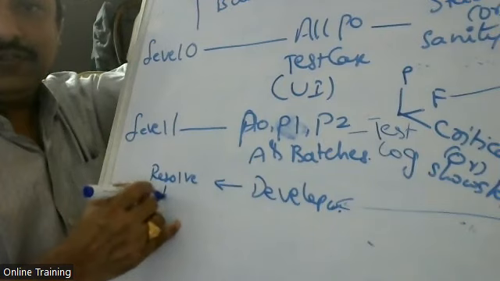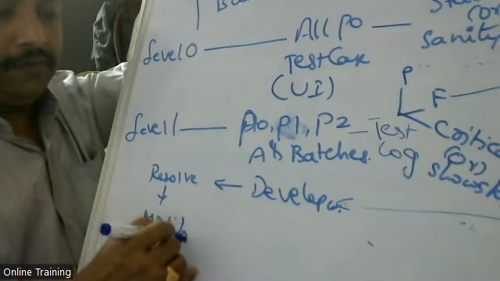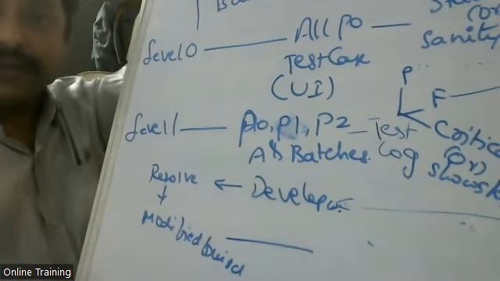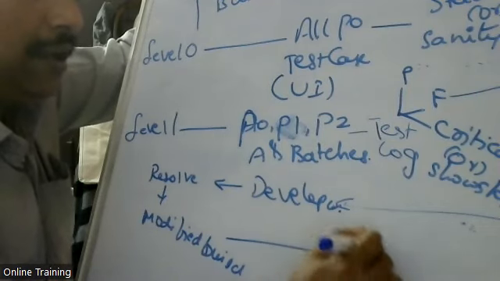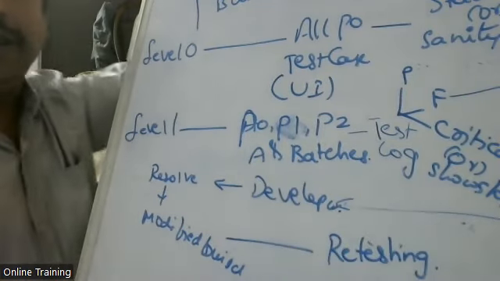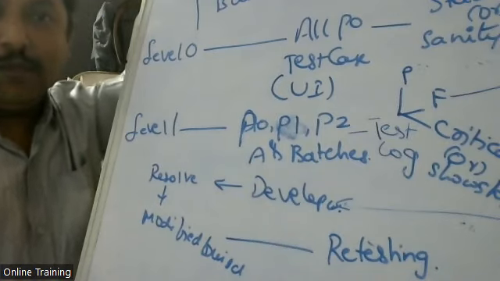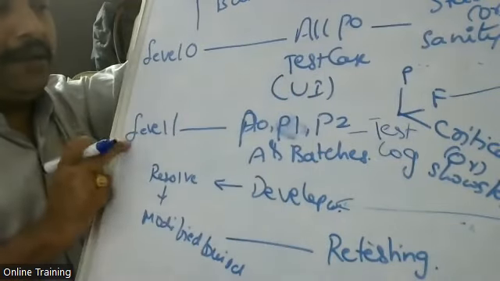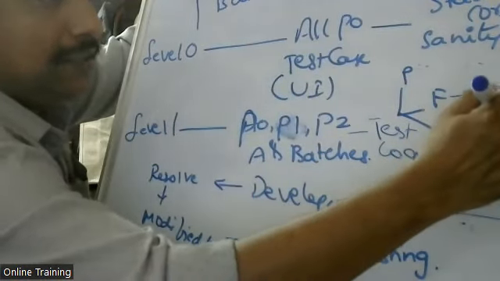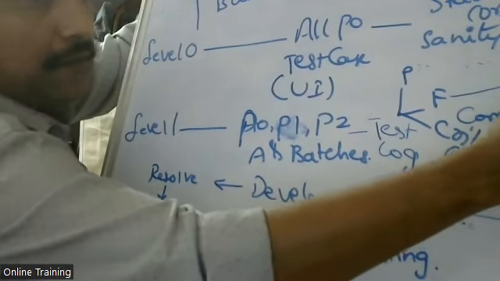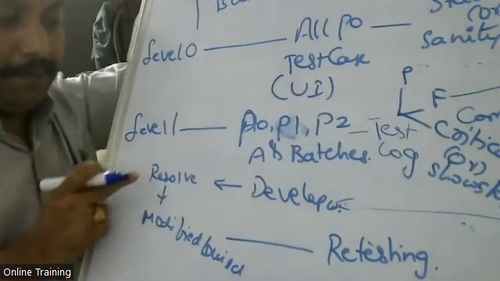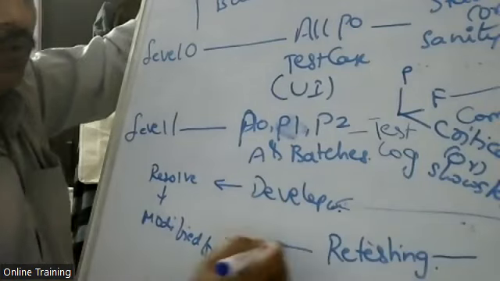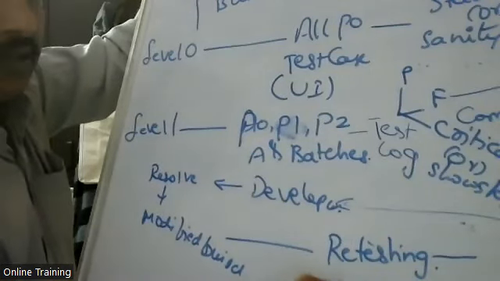Once you get the modified build, we are going to do the retesting on the modified build. So the initial build becomes the stable build. The stable build becomes the comprehensive build. The comprehensive build becomes the retesting build. Finally, they are going to do the regression testing.